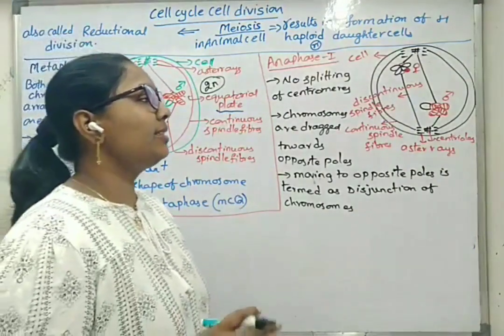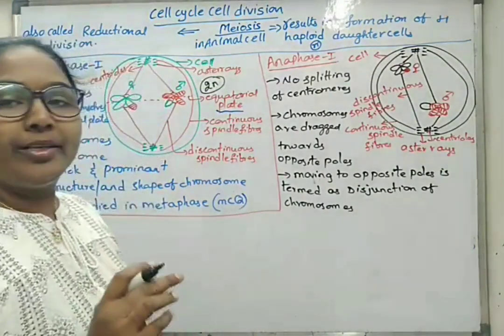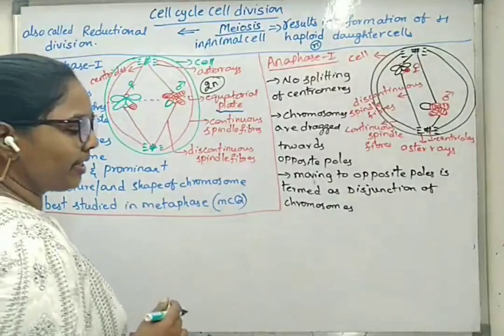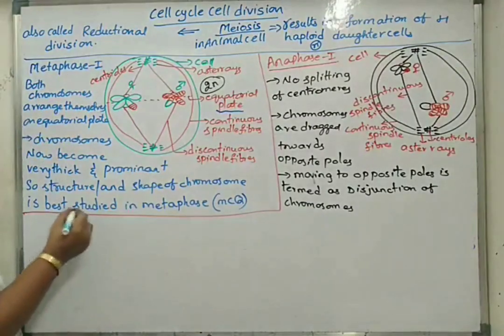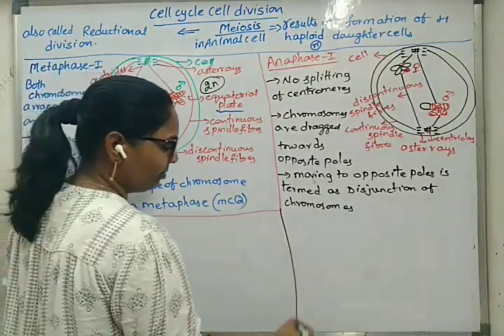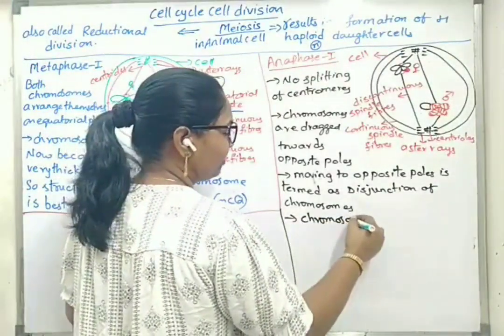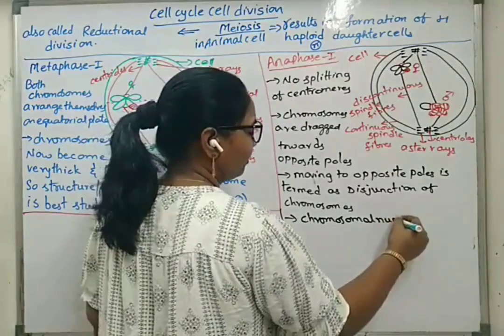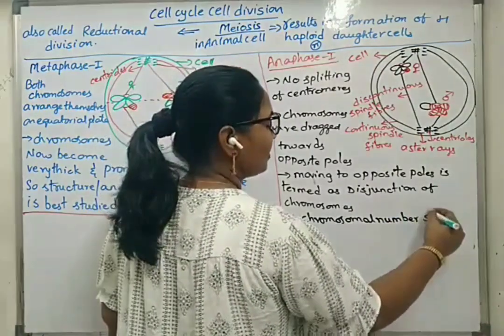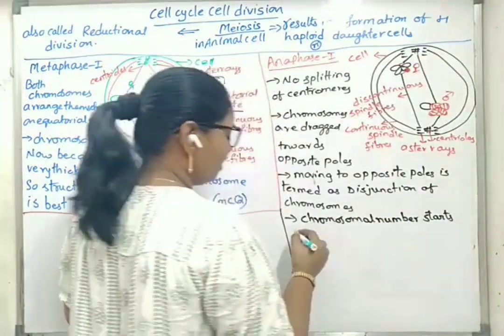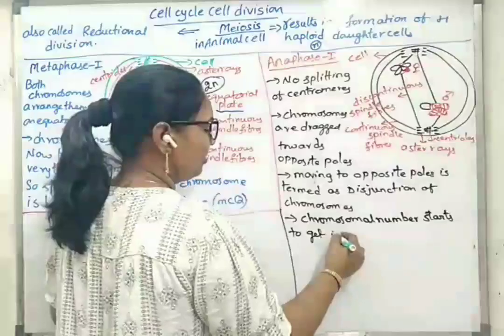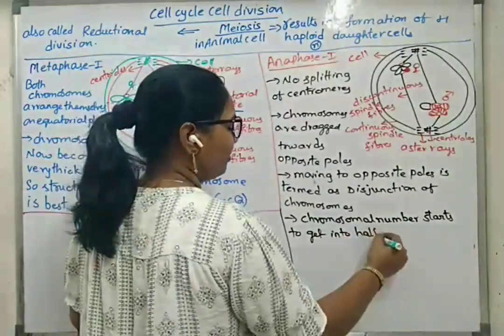So that is said as conversion into haploid form after cytokinesis. So chromosomal number starts to get into half the number.